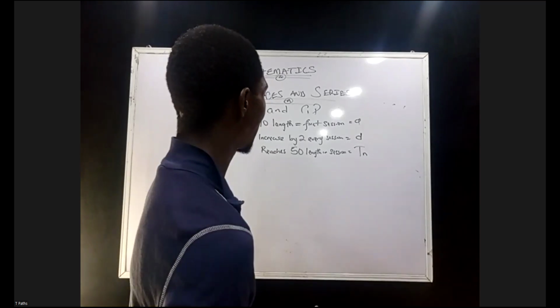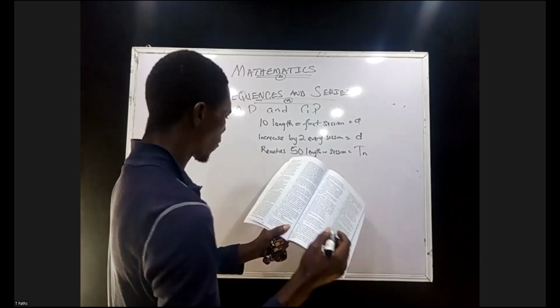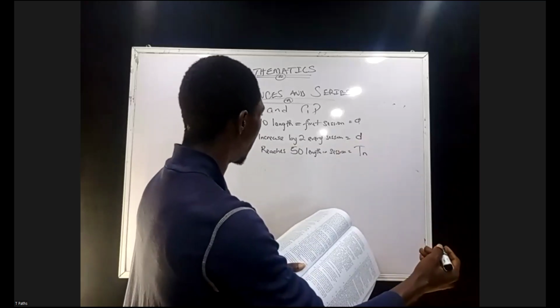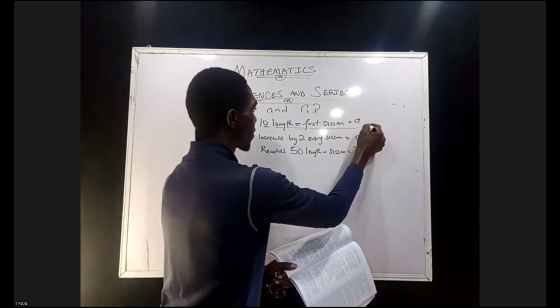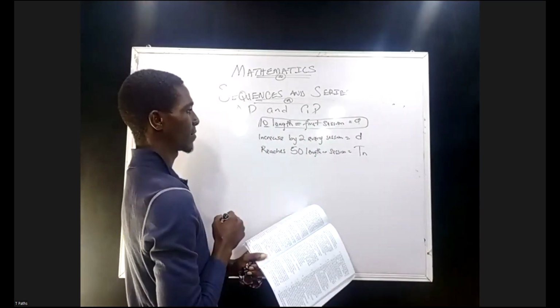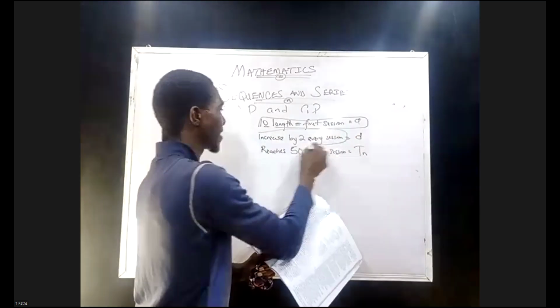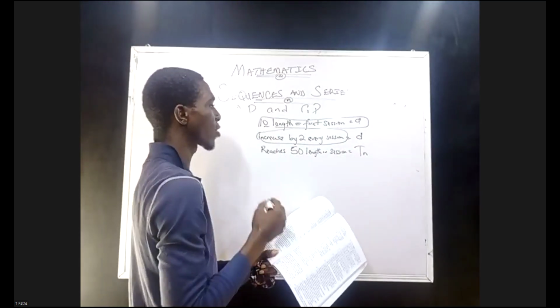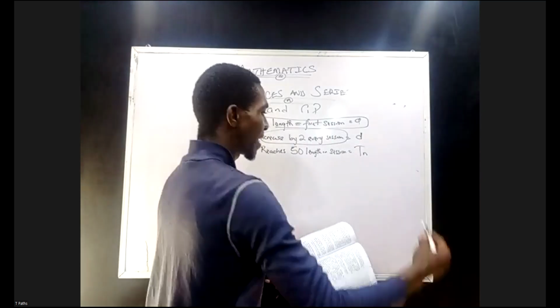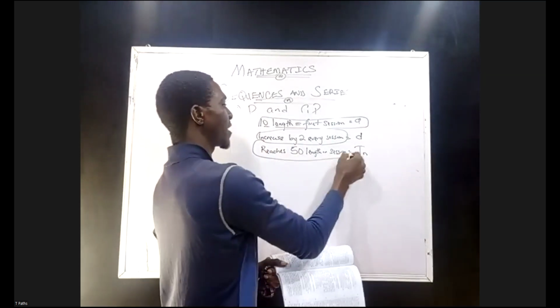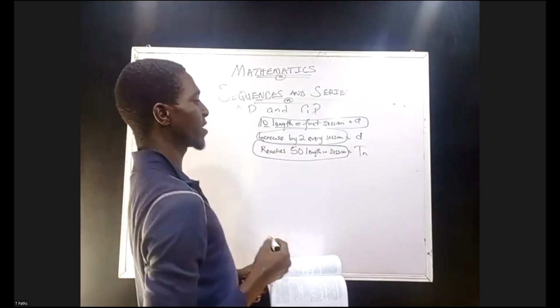Okay, in the absence of any contribution, the question is asking us after how many sessions? Now, the first session was the first time. Increase by 2 every session. That means something is common between the first, second, third, fourth, and fifth. And it reaches 50 lengths in a session, which is the last time.